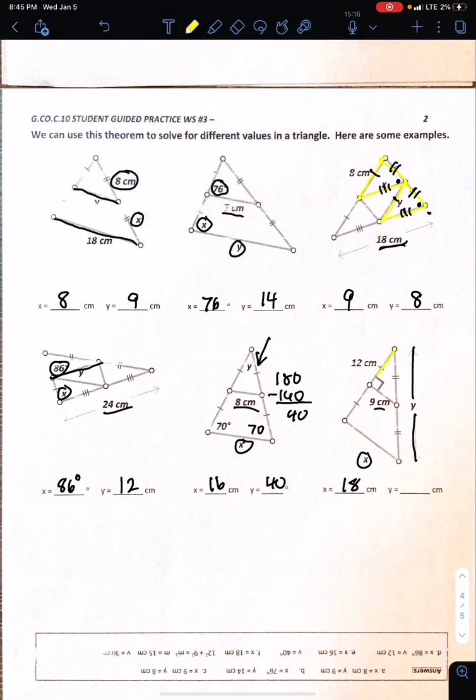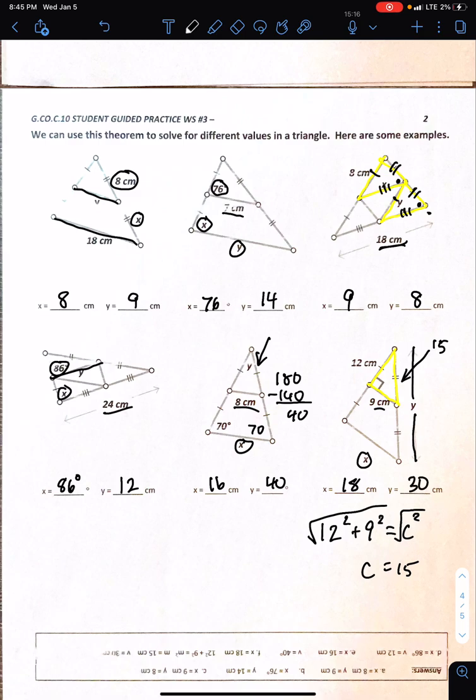We know two of the sides, and it's a right triangle. If we know two sides of a right triangle, we can find the third side, which is half of what we're trying to find. So we're going to do 12 squared plus 9 squared equals c squared. Take the square root to find that side, and we'll end up with 15 for that. Therefore, y will be 30.